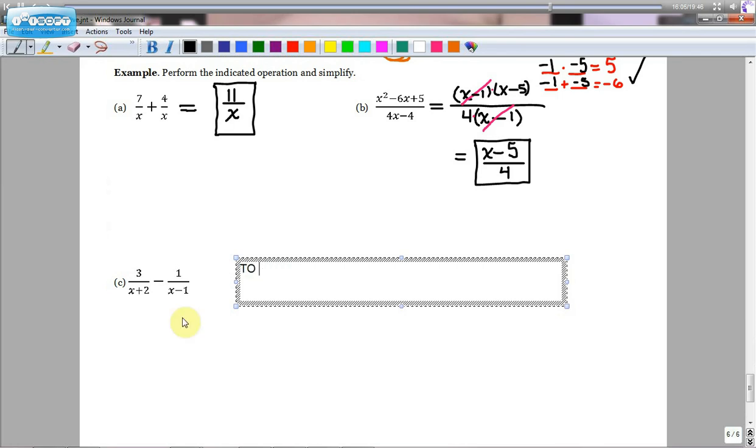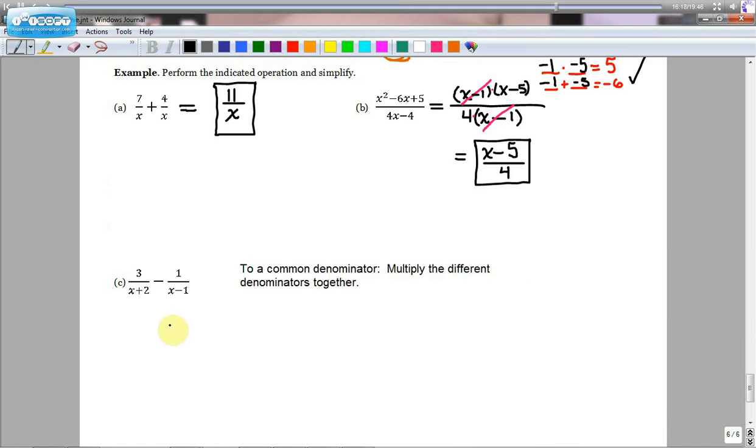So in this case, our common denominator is going to be x plus 2 times x minus 1.